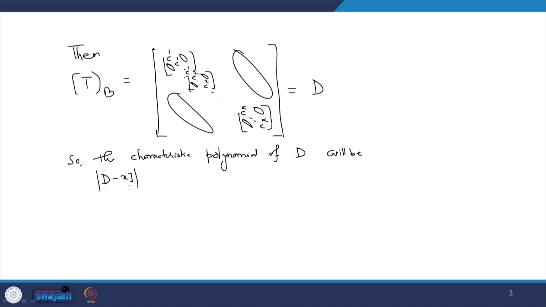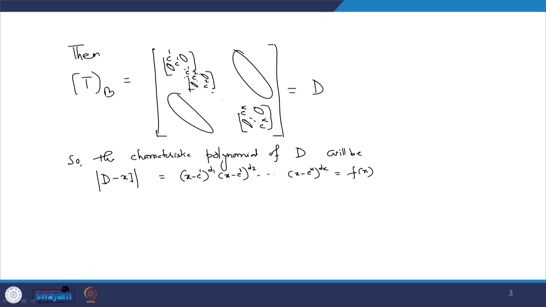D minus xI means C1 minus x, C1 minus x, and so on. So, it will be x minus C1 to the power d1, times x minus C2 to the power d2, and so on up to x minus Ck to the power dk. This is the characteristic polynomial of this linear operator T.